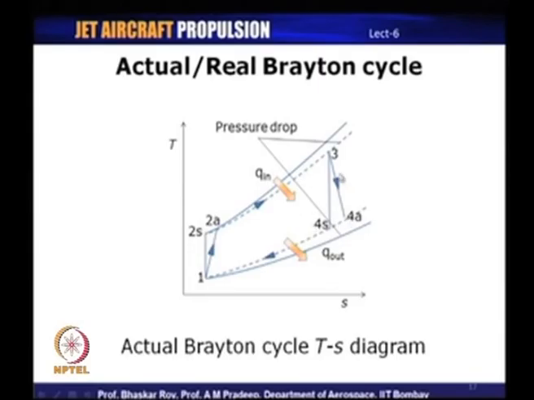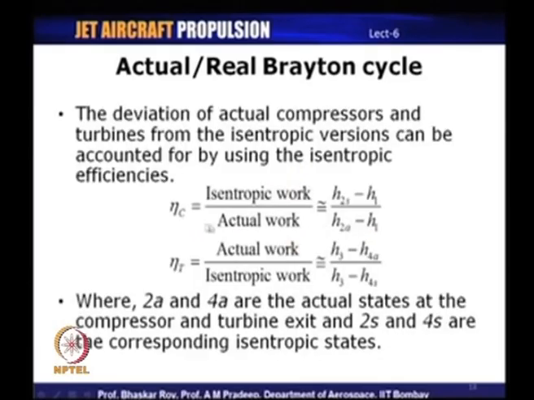Similarly, for the expansion process, we have H3 minus H4a, the actual work, divided by H3 minus H4s, the isentropic work. So, the isentropic efficiency of a compressor is equal to H2s, the enthalpy at the end of the isentropic process, minus H1, divided by H2a, the enthalpy at the end of the actual process, minus H1.